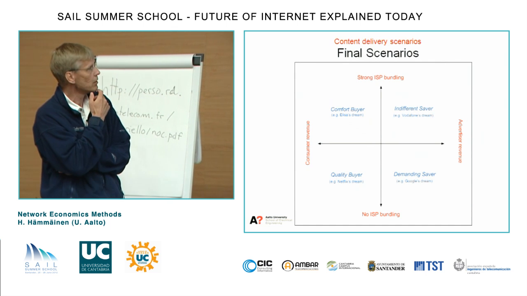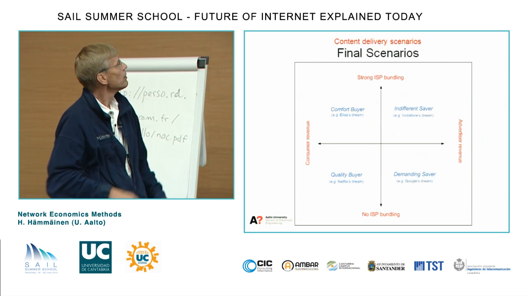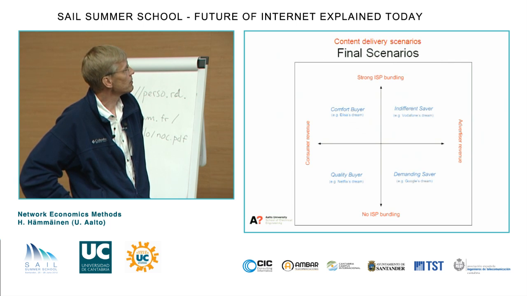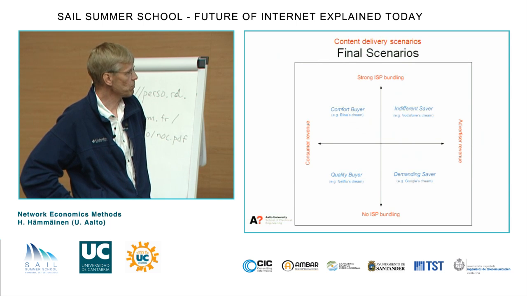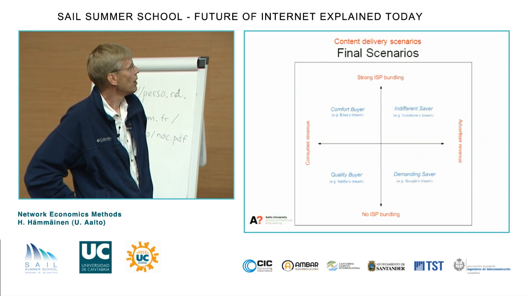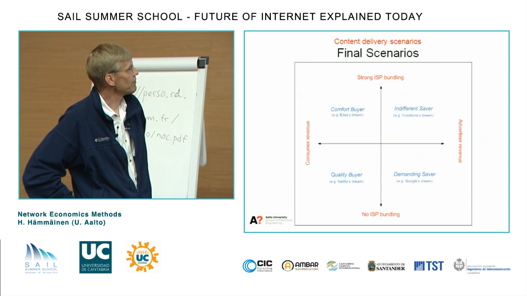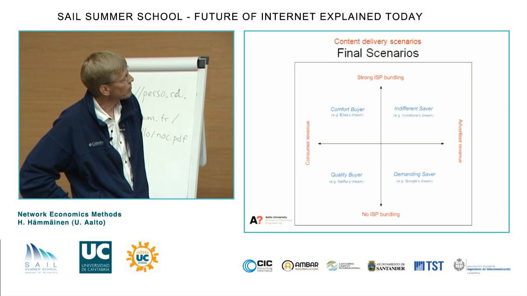Sorry about the small font here, I hope you can see it. Here you can see the scenarios. So you can see with the red, you can see the uncertainties, strong ISP bundling up and no ISP bundling down. And then on the left, consumer-based revenue, which is a different value network and different revenue model compared to, on the right, the advertiser revenue.